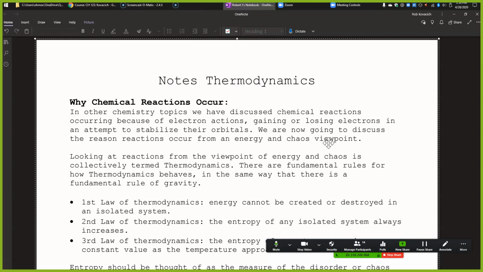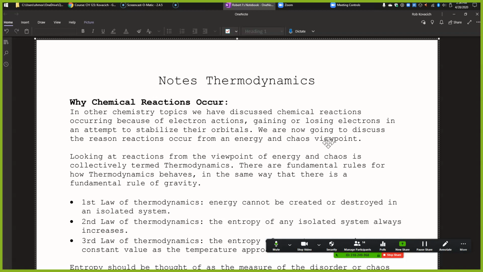But to talk about this, we need to talk about why chemical reactions occur. Chemistry is a central science, but it's built on other stuff, and other things influence it. But the underlying science that everything is based on would be physics. So ultimately, you could say physics is controlling everything.